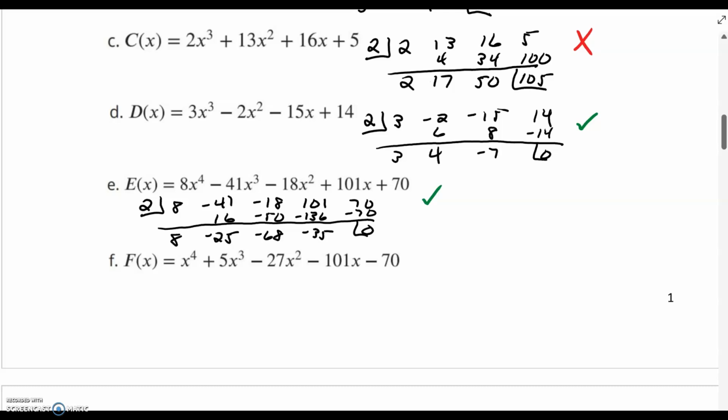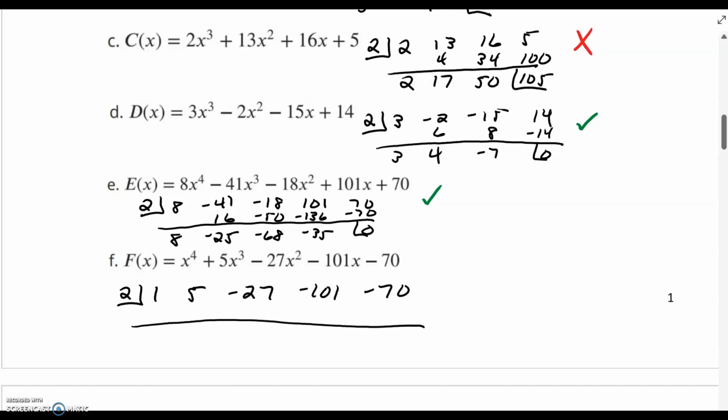Last but not least, let's check f of x. The 2, 1, 5, -27, negative 101, and negative 70. Drop the 1 down. 2 times 1 is 2. 5 minus 27 plus 2, that is negative 13... 2 times negative 13 is negative 26.